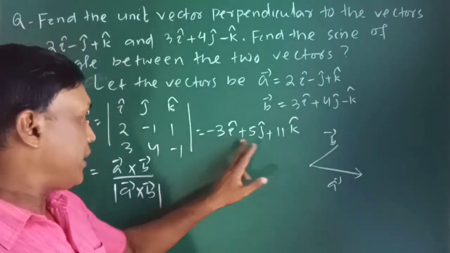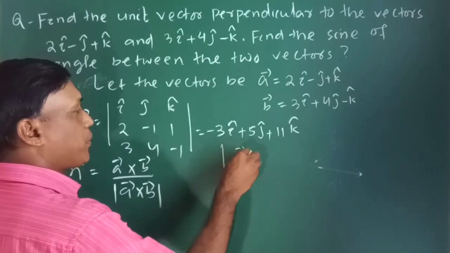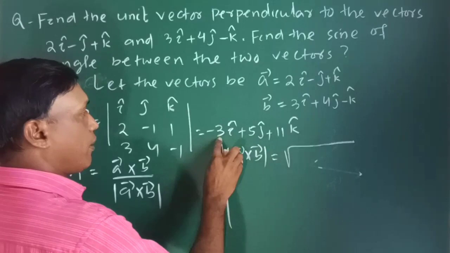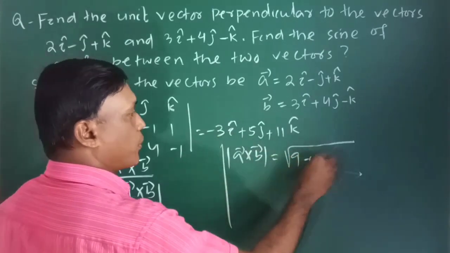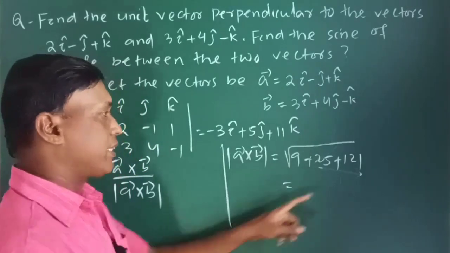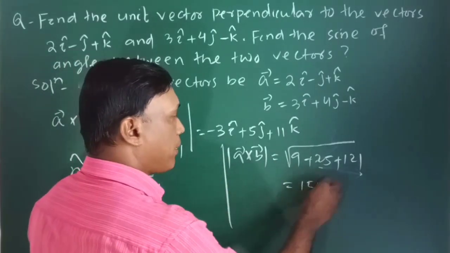So this is A cross B. Now magnitude of A cross B is root over of minus 3 square is 9, plus 25, plus 121, and this is 9 plus 25 is 34, plus 121 is 155.